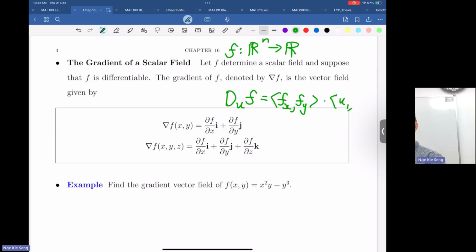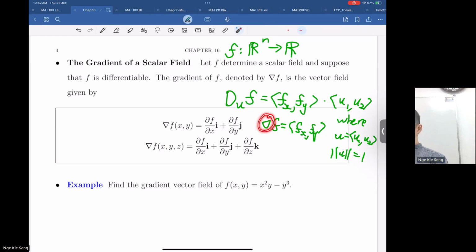Let's call it u1, u2, where u equals u1, u2 and the length of u is 1. So you see, we define del f to be the vector f_x, f_y.